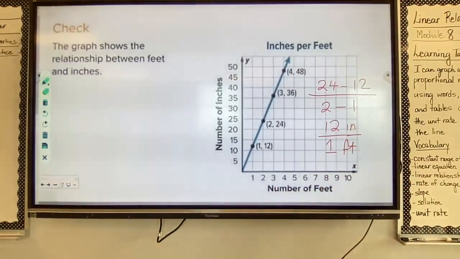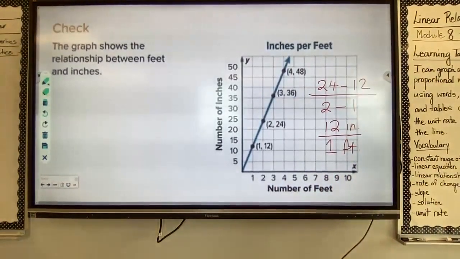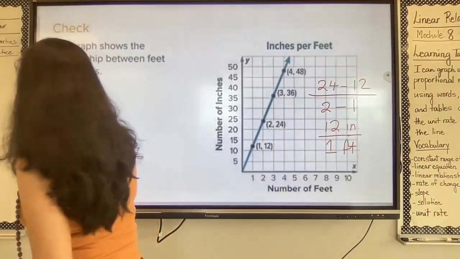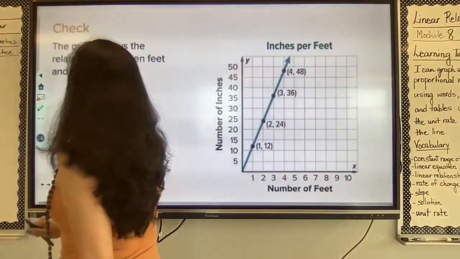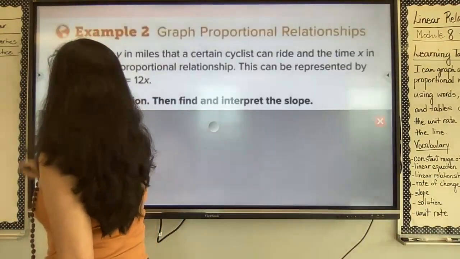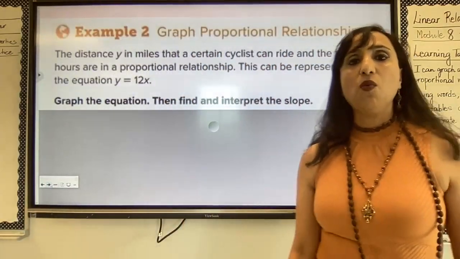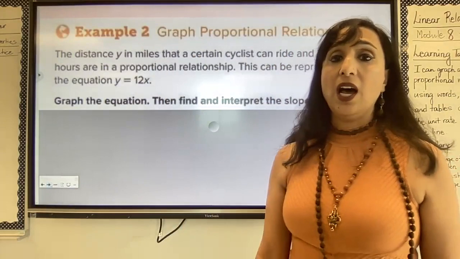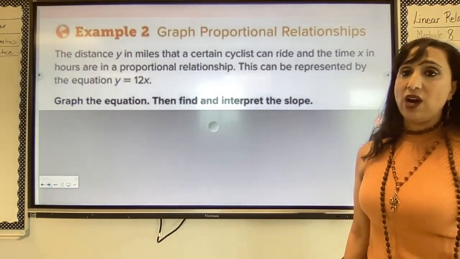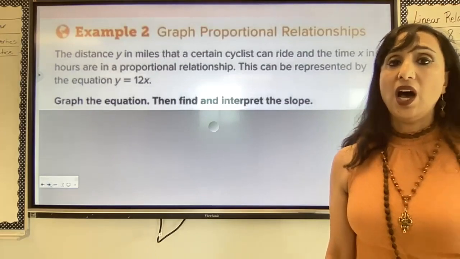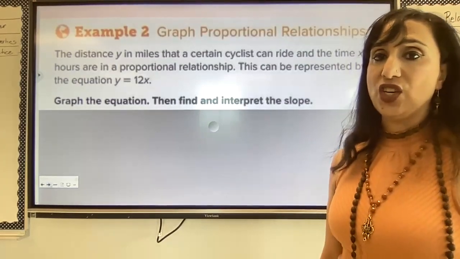All right. So let's do another problem about graphing proportional relationships. Let's look at this one. The distance y in miles that a certain cyclist can ride and the time x in hours are in a proportional relationship.